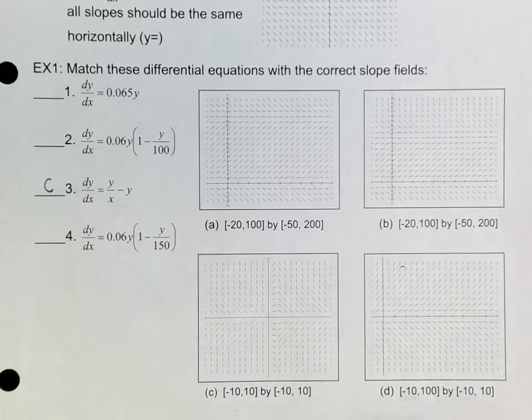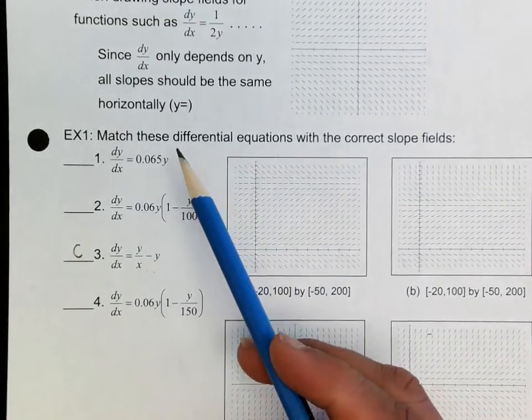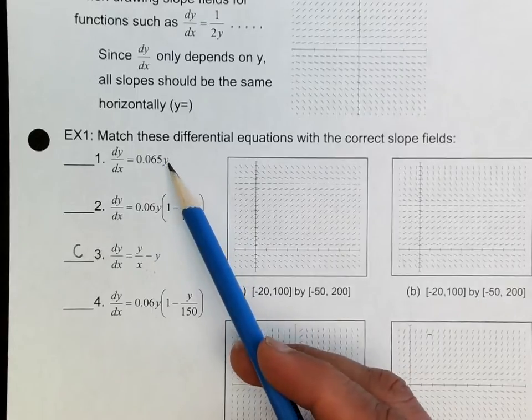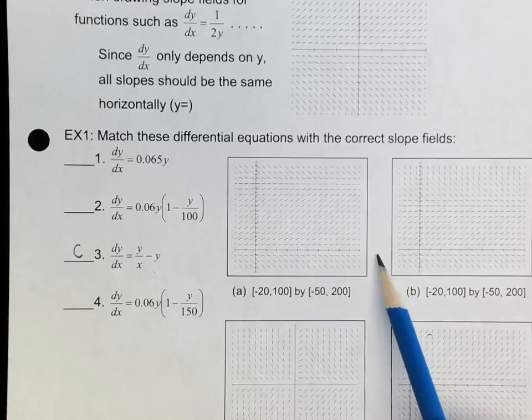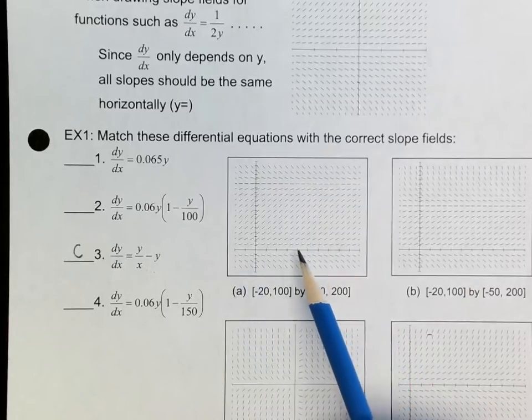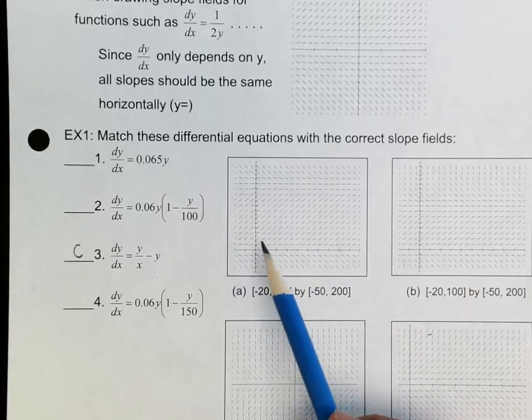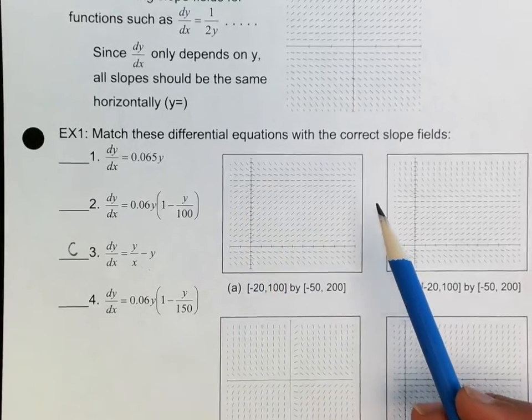Now the next one, the easiest thing to do, I guess, is to plug in numbers if you wanted to. But notice that if y is equal to 0 on the x-axis, you should have horizontal slopes. This one looks like it has some horizontal slopes here, but you also have one here, so it's probably not that one.